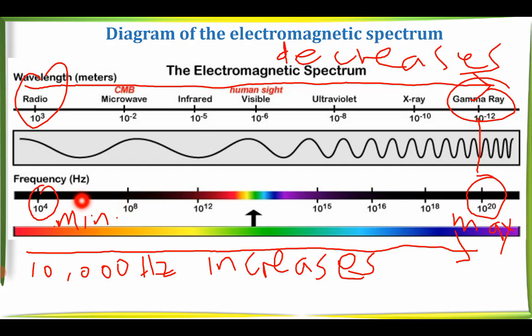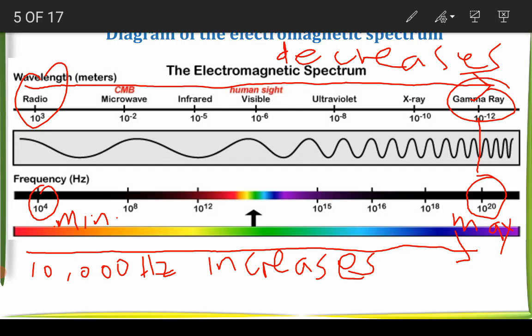From radio to gamma, the frequency is increasing, but the wavelength is decreasing all across. Okay, that's very, very important to note. Right, unless you have questions, let's proceed.